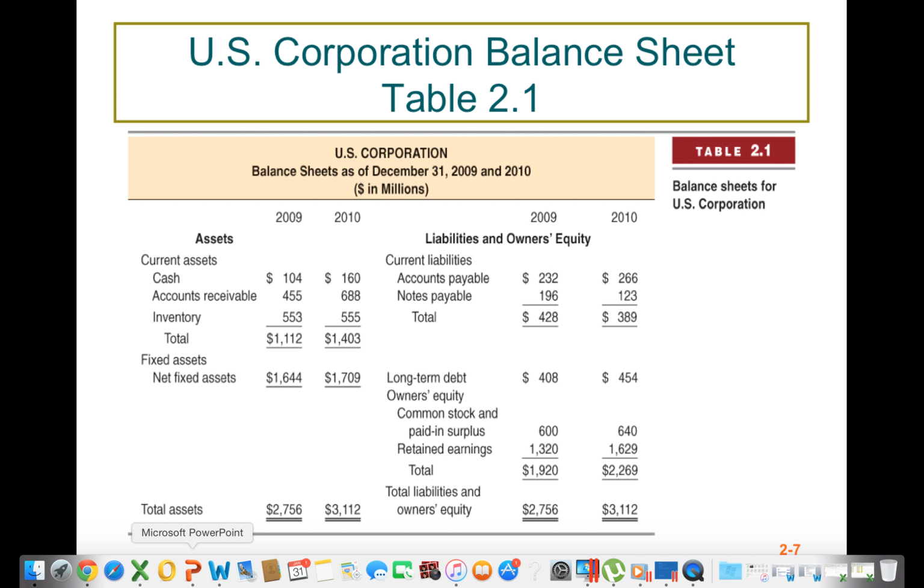Of course, assets on the left-hand side, liabilities and owner's equity, and then your retained earnings. I know for sure you guys are because you just got out of accounting. So we're going to move on, but the main purpose here is just to make sure that you're familiar with a typical balance sheet.